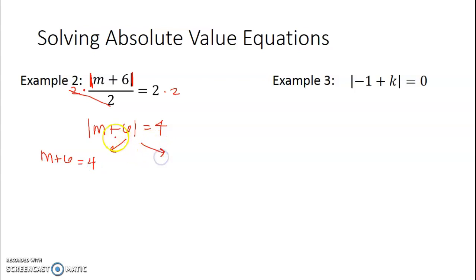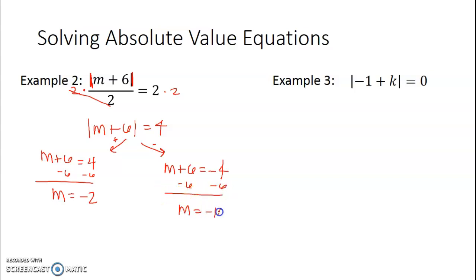For the second one, since I'm positive, I'm going to set it equal to a -4. Nothing else changes, just that number on the end. Then I can solve each equation. And I get my 2 answers. I need to make sure I check them by plugging them in.